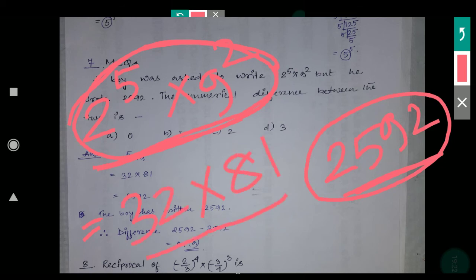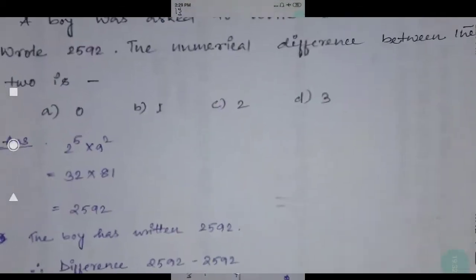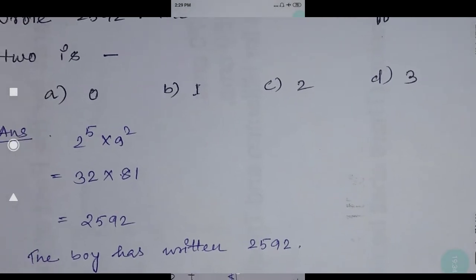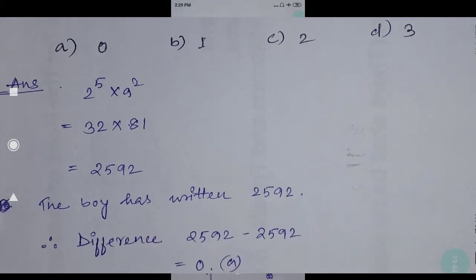So if you multiply 32 into 81, you will get some value, and you have to check how much difference there is between these two. If you multiply 32 into 81, you will get 2592. You do the multiplication by yourself, then you will understand whether you are getting it or not. So 32 into 81 is 2592.